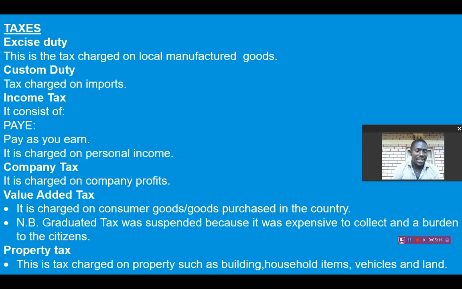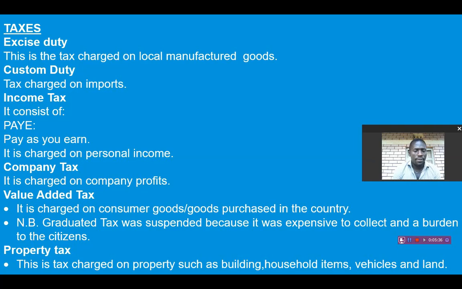Then we also have a tax called property tax. This tax is charged on property such as buildings, households, vehicles, land, etc. For example, if you have a building in a town and you have rentals there, people are paying you monthly rent, you are also supposed to pay property tax to the government.